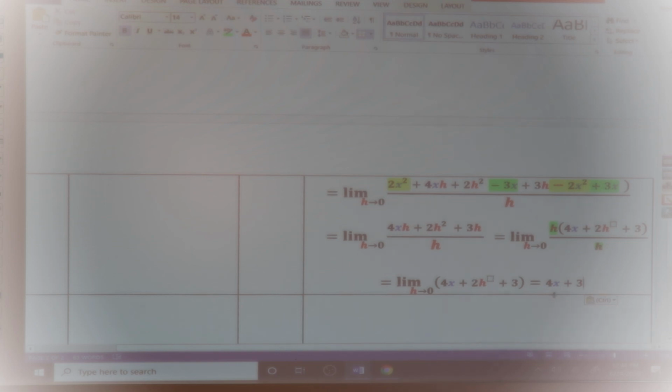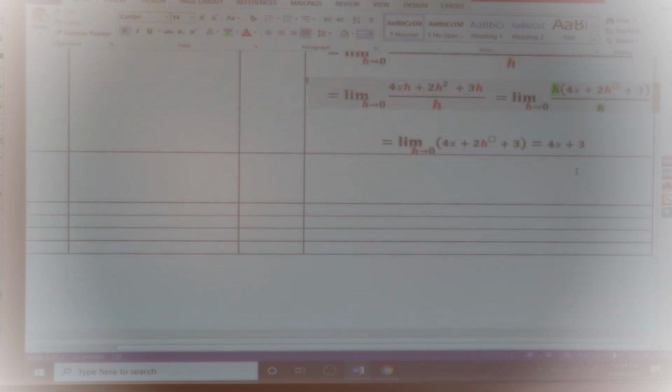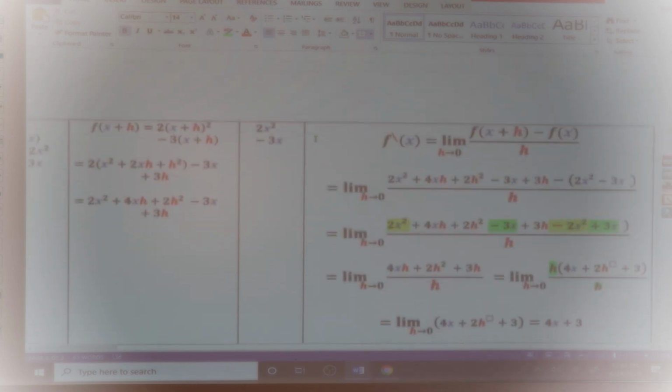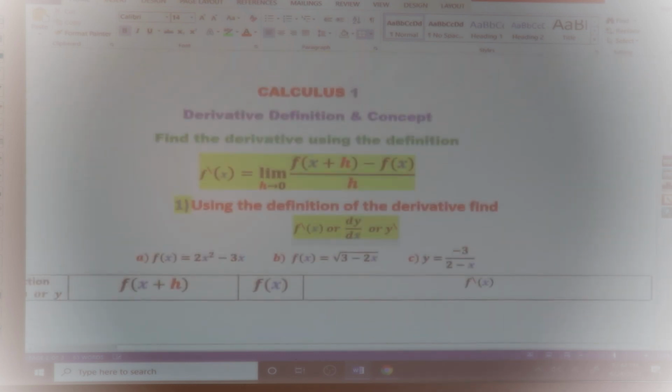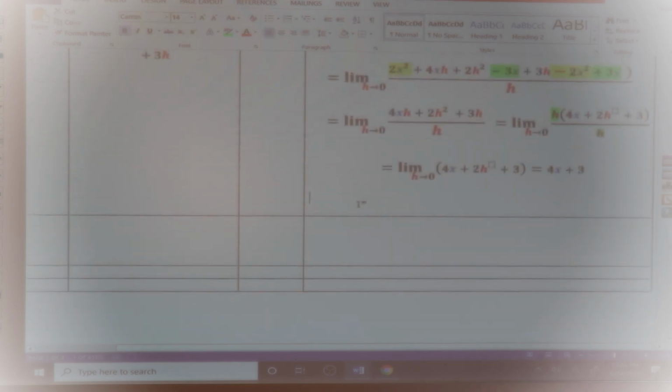This is my derivative. Let me write it here. Then let me write back to my derivative sign. Whatever you want to use. Which one? You like this? Okay. I'm going to use this. Then my derivative, Control V, equals 4x plus 3.